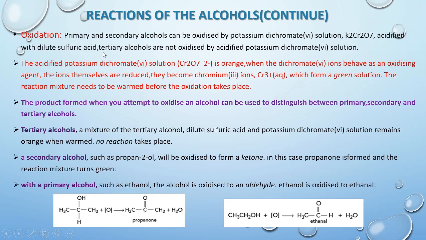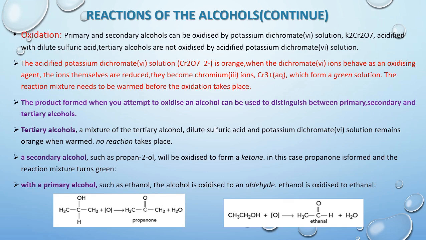Okay, then oxidation. This is a very important reaction because with the help of oxidation we can differentiate between different kinds of alcohol. Like tertiary alcohol, with the dilute sulfuric acid and potassium dichromate, there will be no reaction. So tertiary alcohol cannot be identified with the help of an oxidizing agent because the oxidizing agent cannot oxidize tertiary alcohol.